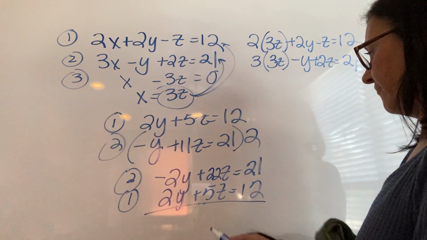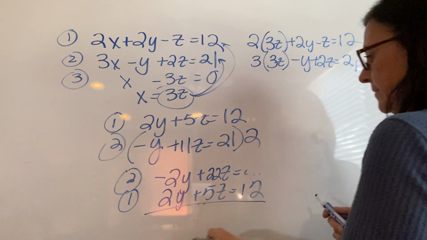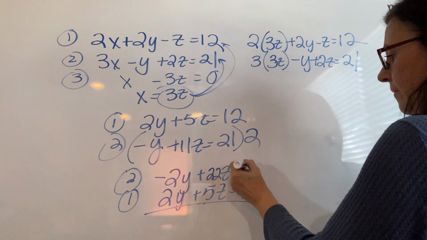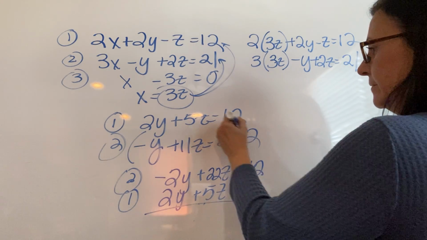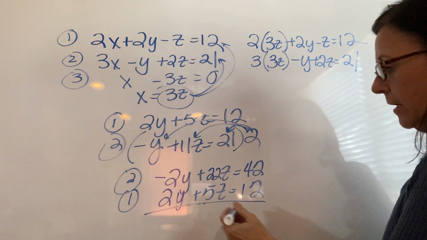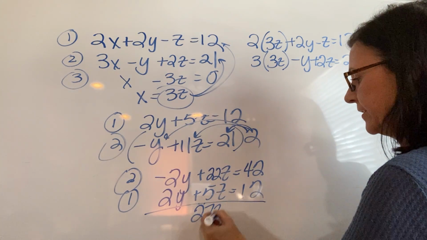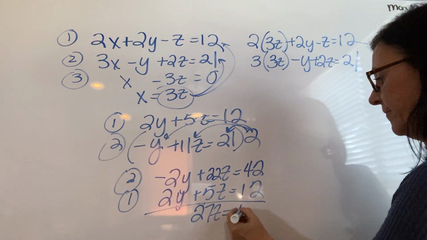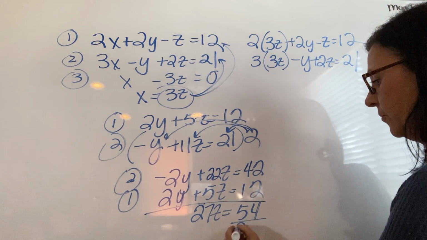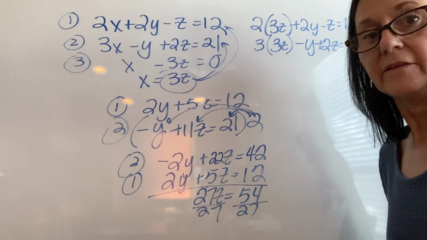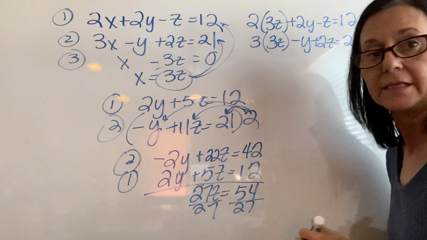And this should be 42. Right? It's a common mistake, even I make. All right, so we're left with 27z equals 54. When you divide both sides by 27, the value of z is 2.